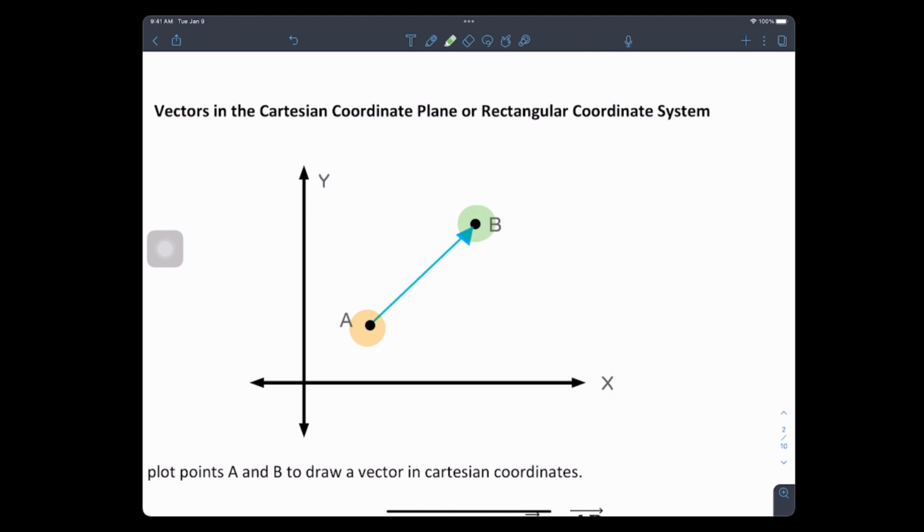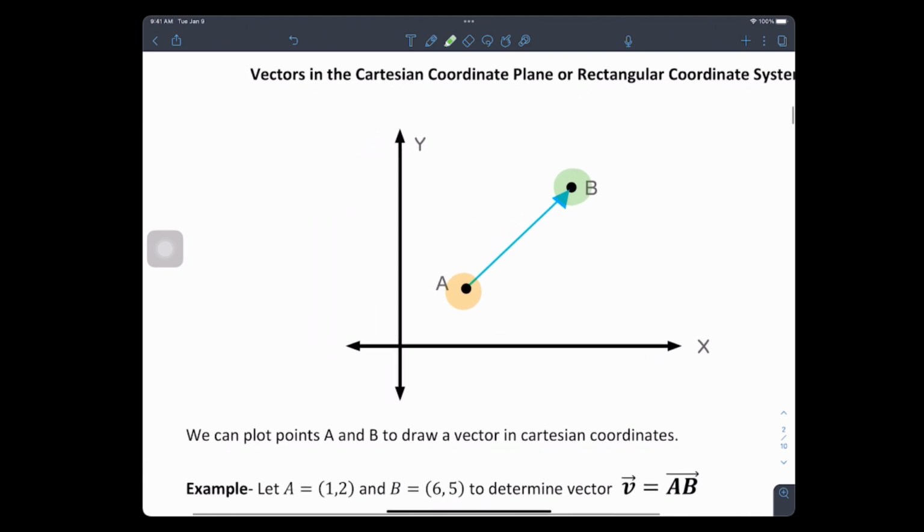So this is just plotting points in like beginning algebra. Okay, so all right, we can plot points A and B, and we can draw the vector with those coordinate values. And you go, well, what do you mean coordinates? Well, remember, you have both an x coordinate and a y coordinate in that xy plane. Is that right?